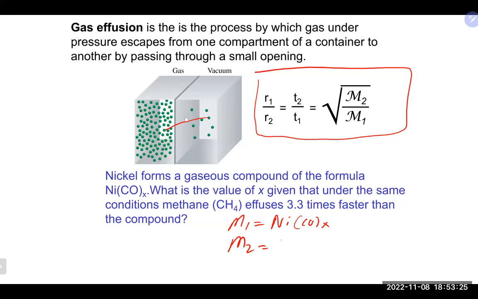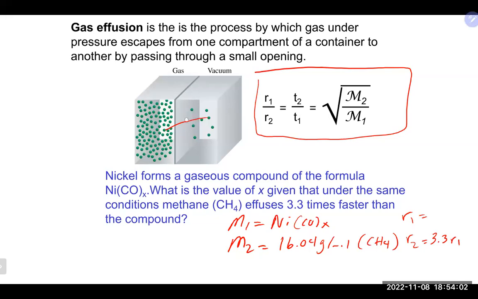That is a molar mass of 16.04 grams per mole, and that obviously is our CH4's molar mass. We know that R1 is the rate of our nickel compound, and R2 is the rate of our methane, which effuses 3.3 times faster than the nickel compound, which means this one is 3.3 times R1 in this particular case. So we have everything we need here.